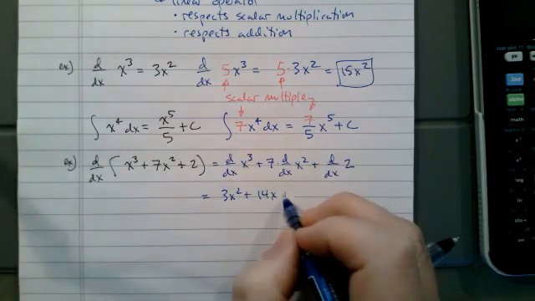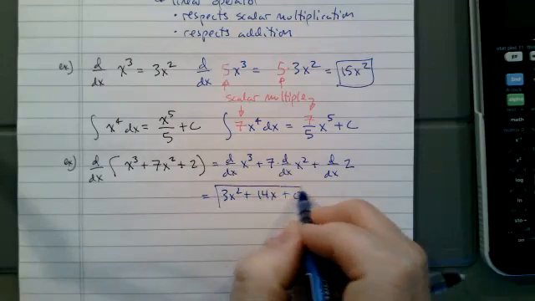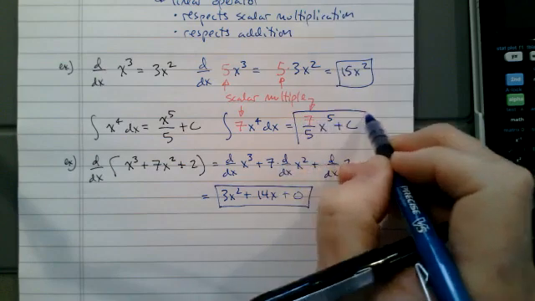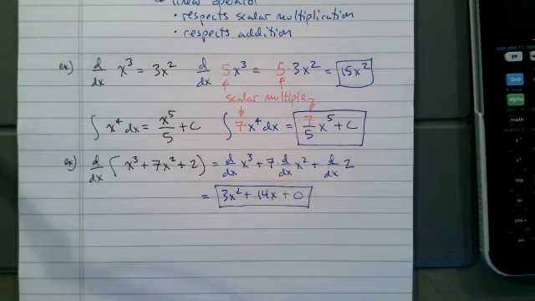I'm going to write it anyway. The derivative of a sum is a sum of the derivatives.